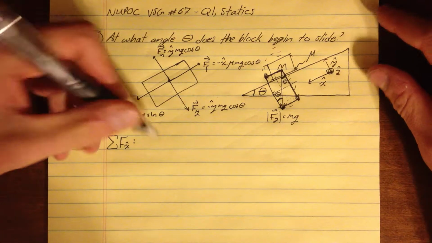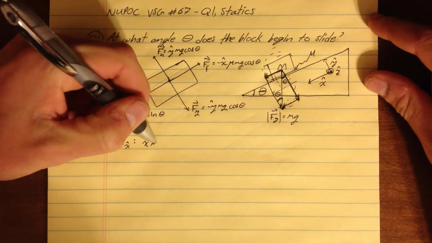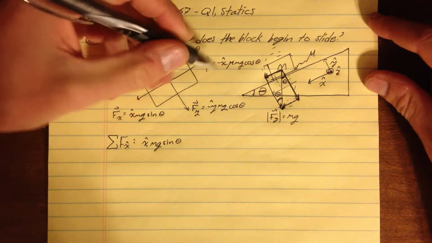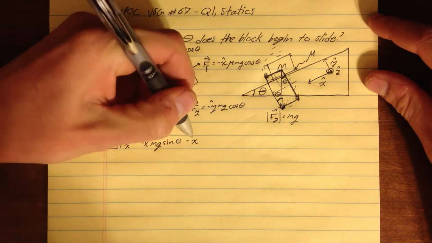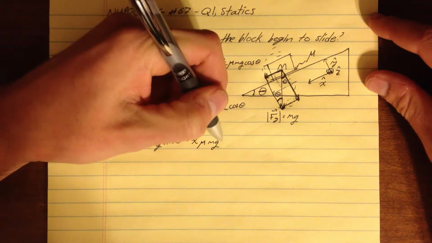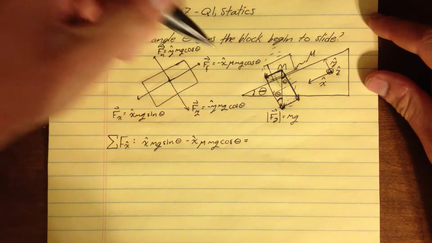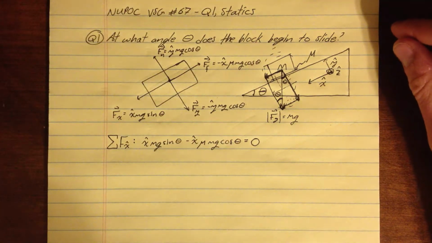We have Fx in the x hat direction with magnitude mg sine theta, and Ff in the minus x hat direction with magnitude mu mg cosine theta. We said there's no net force, so when we add all the forces together, it equals 0.